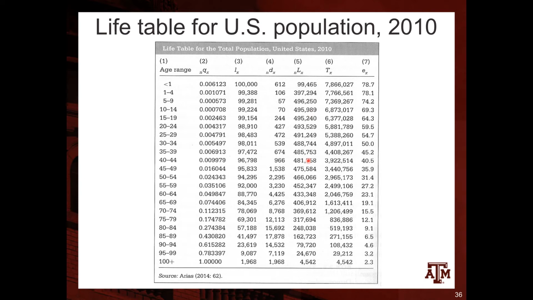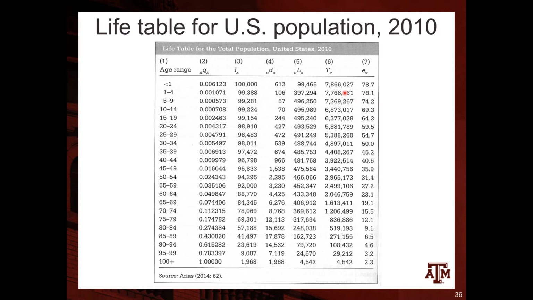So we add all these people, get the big T0 here, and this number divided by the number of people that entered at the beginning of that interval will give us the average number of years that these people lived throughout their lives, so 78.7.